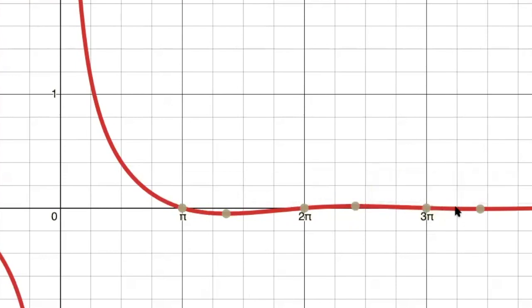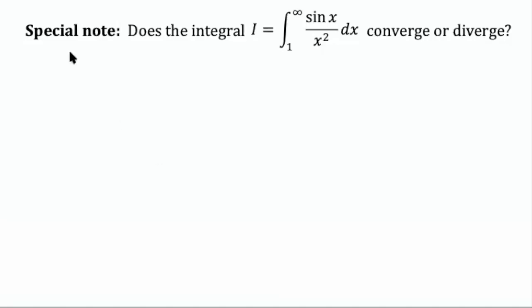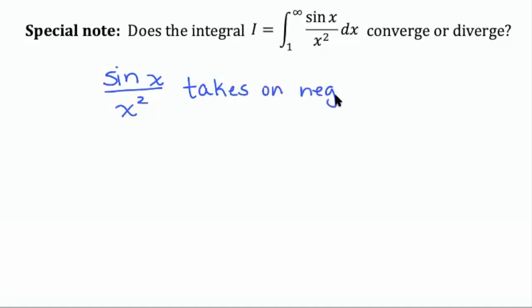And that causes us a problem in terms of being able to apply the comparison test at all. We just observed the fact that sine of x over x squared takes on negative values.